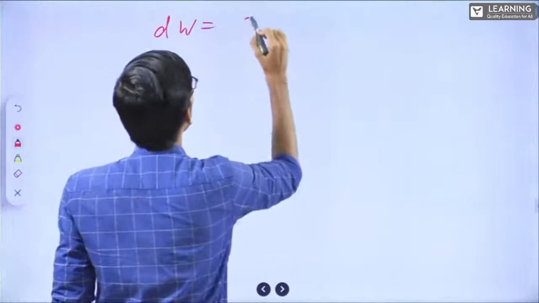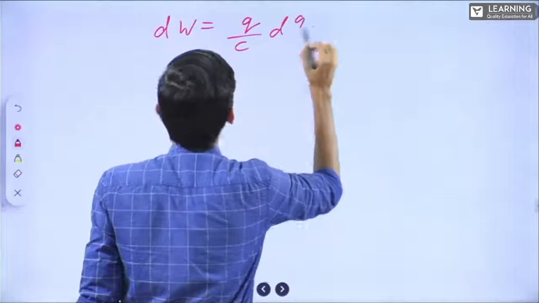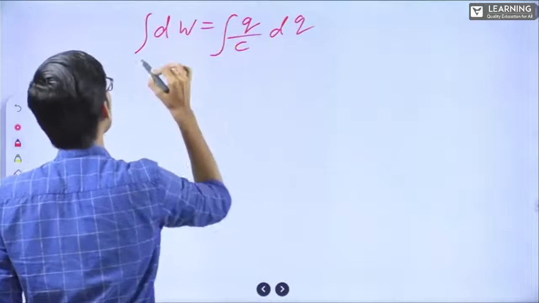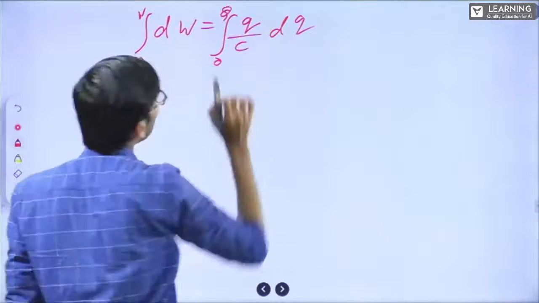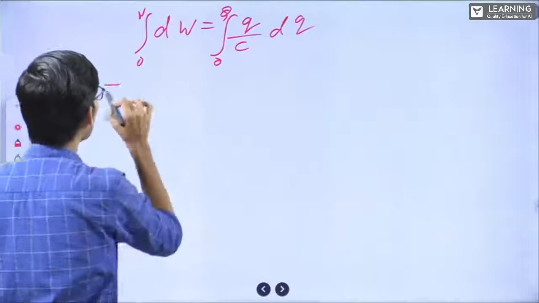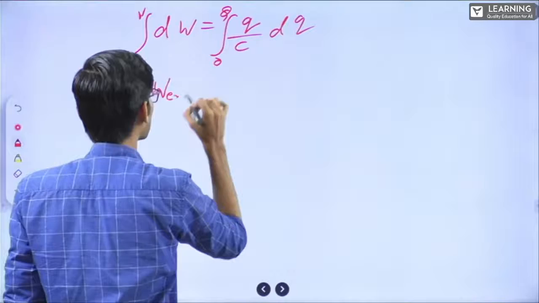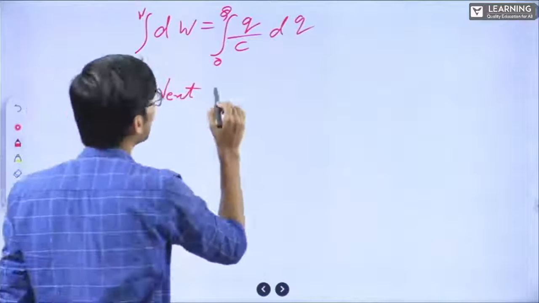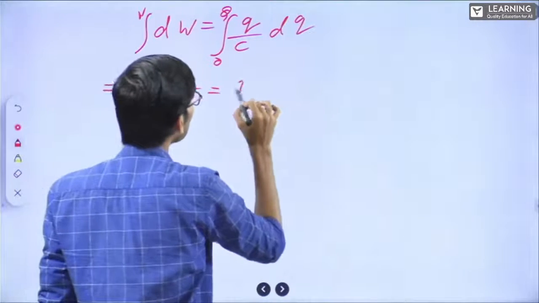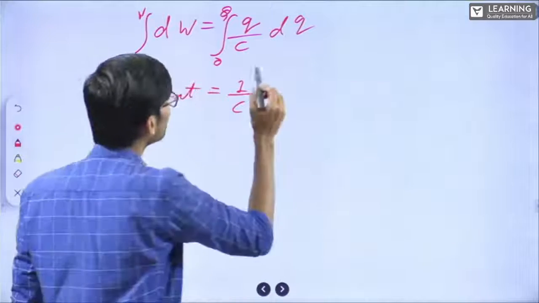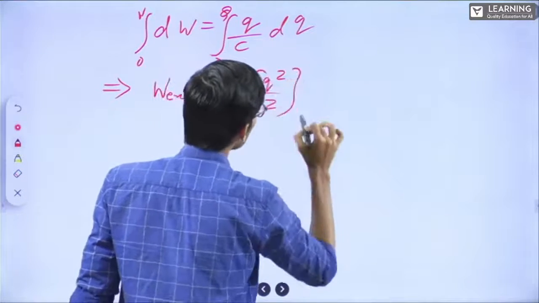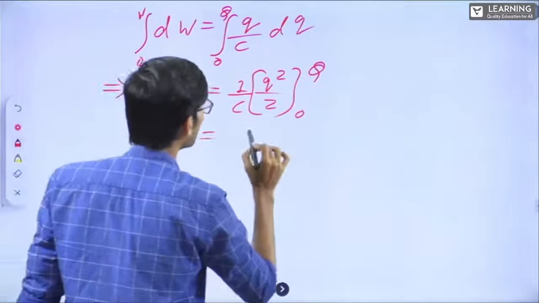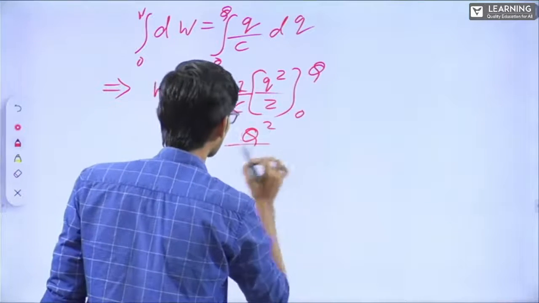So I can write dW is equal to q by C dq, integrating from 0 to W, and this from 0 to capital Q. From here W external, this is work done by external agent we are finding out, that is equal to 1 by C, which is constant, q is q square by 2, from 0 to Q, that is equal to Q square by 2C.